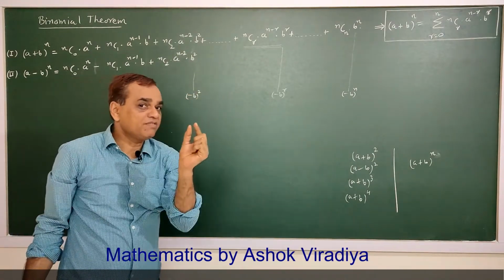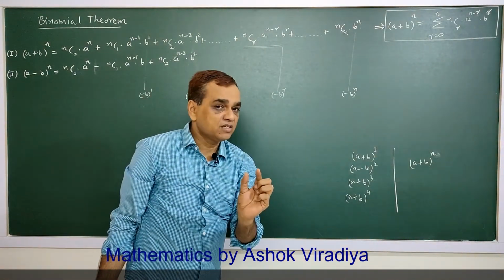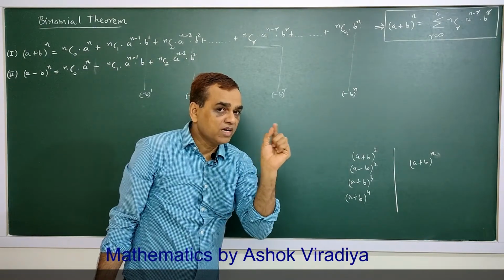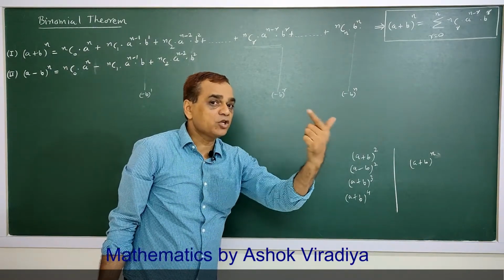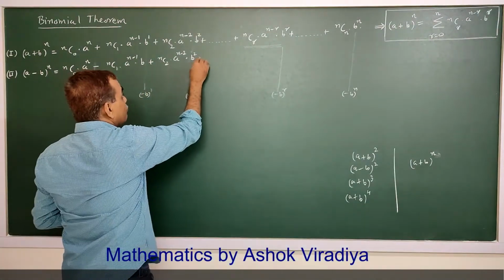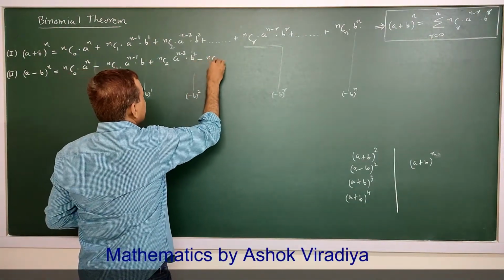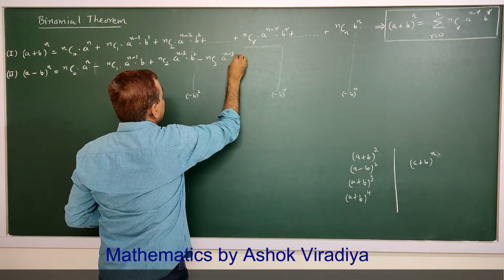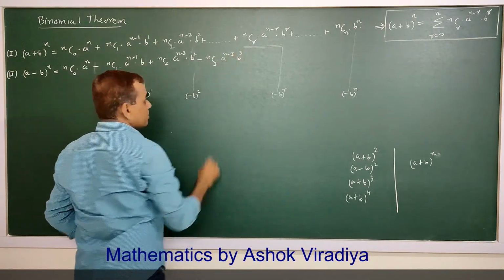In b cube, if you replace b by minus b, then minus b whole cube is minus b cube. So the next term will have a minus sign: minus nC3 a raised to n minus 3 b cube.